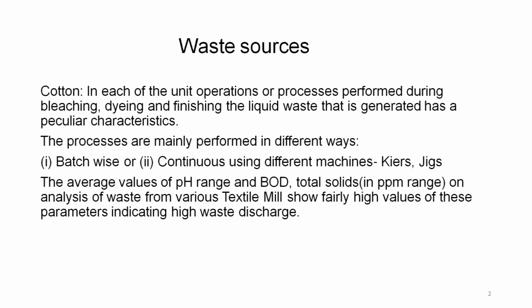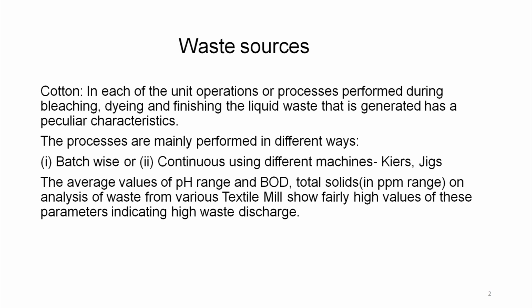In each of the unit operations or processes performed during cotton bleaching, dyeing and finishing, the liquid waste that is generated has peculiar characteristics. The processes are mainly performed in different ways, either batch wise or continuous, using different machines like kiers and jigs.